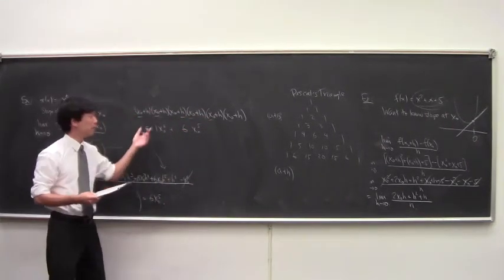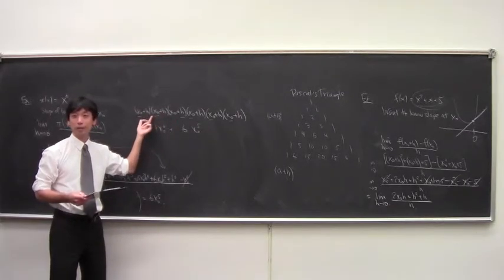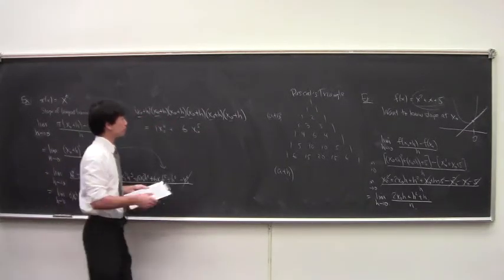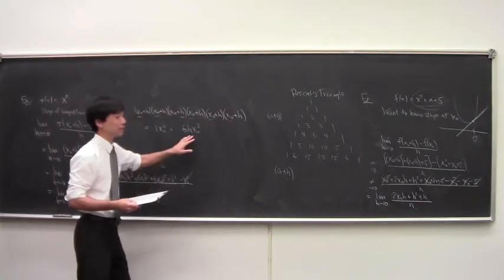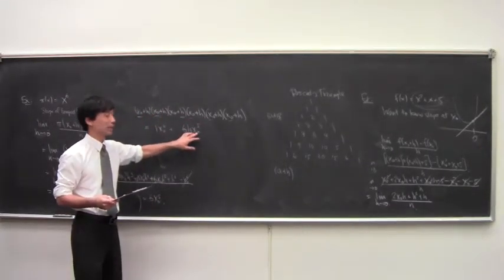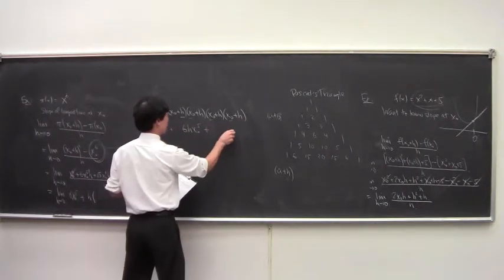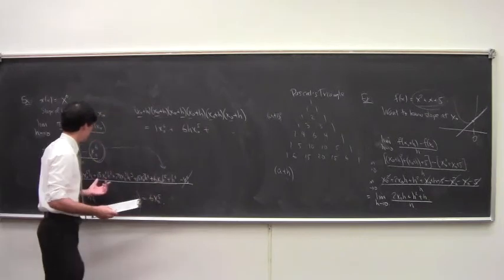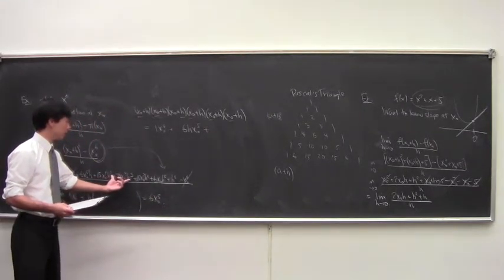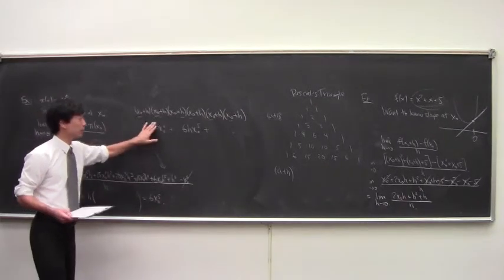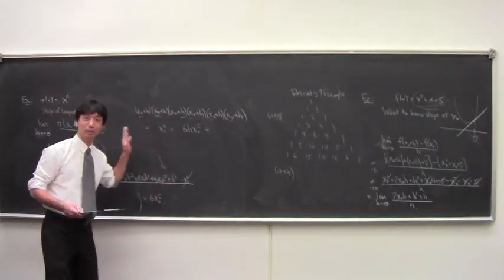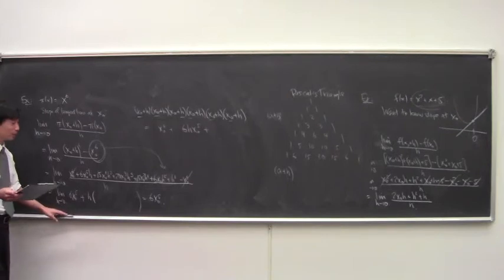There are 6 ways to get x naught to the 5th, so 6 times h times x naught to the 5th. Then you could go on from there, but the other guys are going to vanish anyway, so you can stop there if you want. Anyway, don't worry about it if it doesn't make any sense.